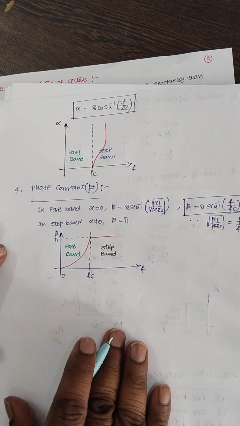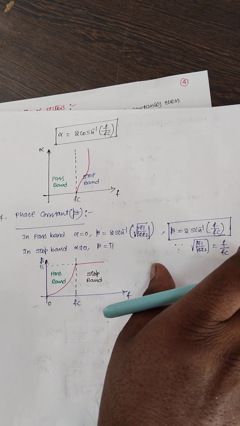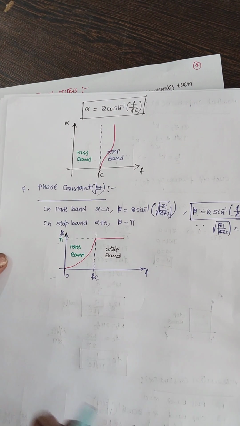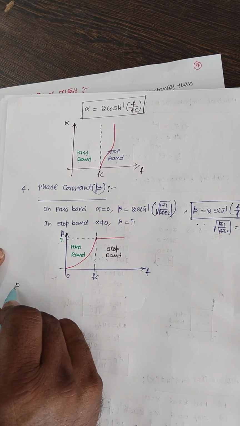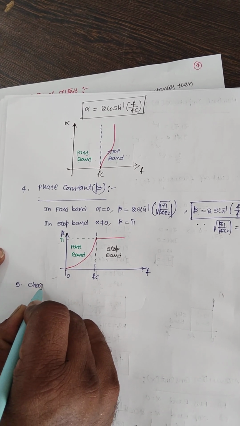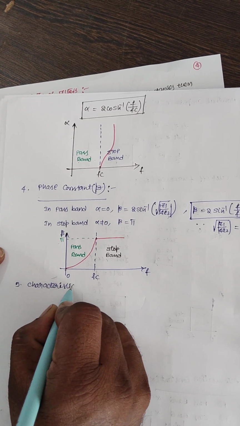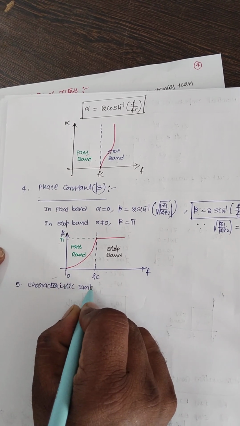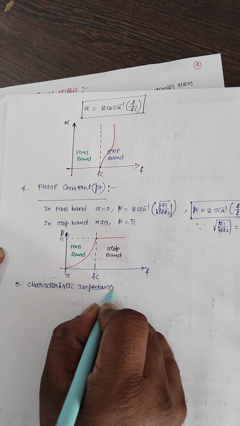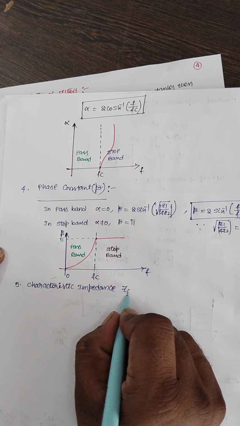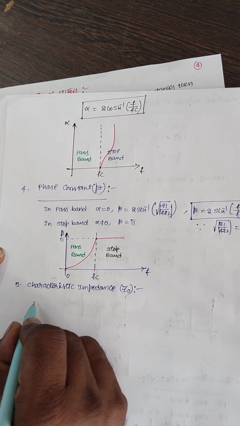Next, the fifth thing here is characteristic impedance, which is normally represented with Z0.